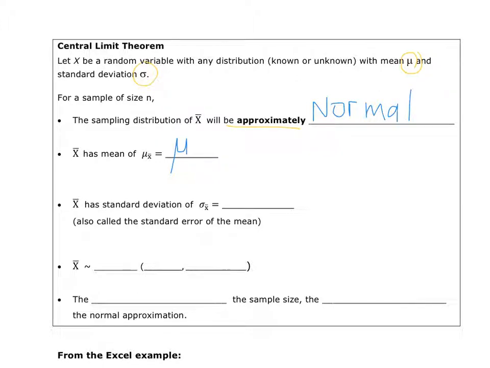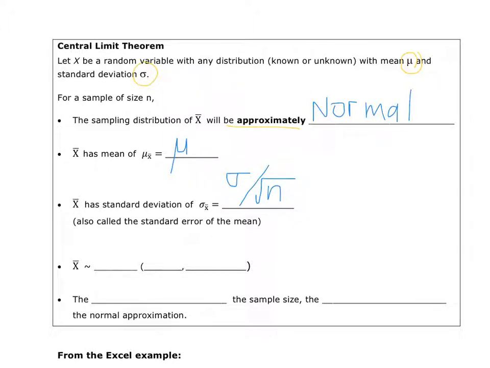And the standard deviation of the sample mean x bar, it's not equal to the standard deviation of x, it's equal to the standard deviation of x divided by the square root of the sample size. This is also called the standard error of the mean.